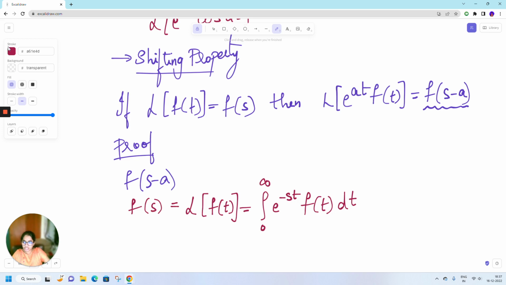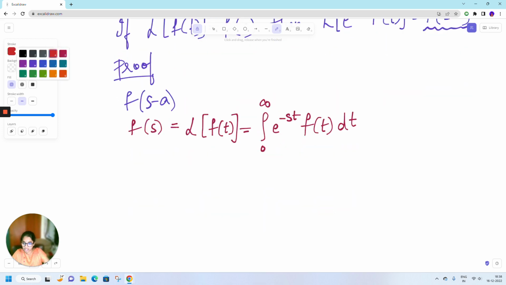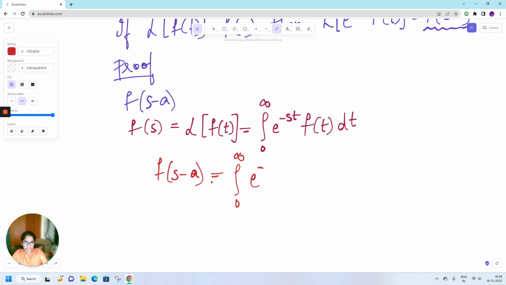Now on the RHS we have f of s minus a. So what should I do? Let me replace s with s minus a in this definition. This would be equal to integral of e to the power minus s minus a into t f of t dt.